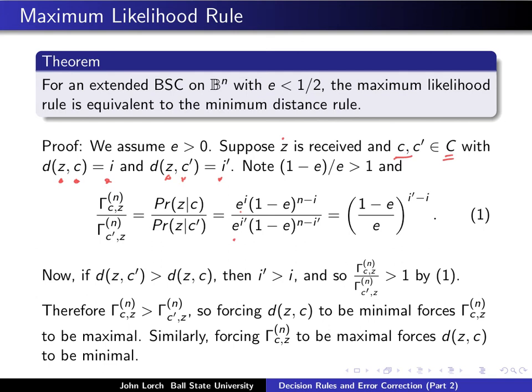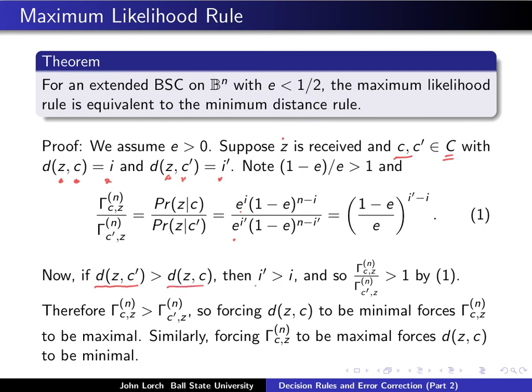Okay, so we have this expression, and it simplifies to ((1 minus e) over e) to the I prime minus I power. So for a moment, let's suppose that the distance from z to c prime is bigger than the distance from z to c.